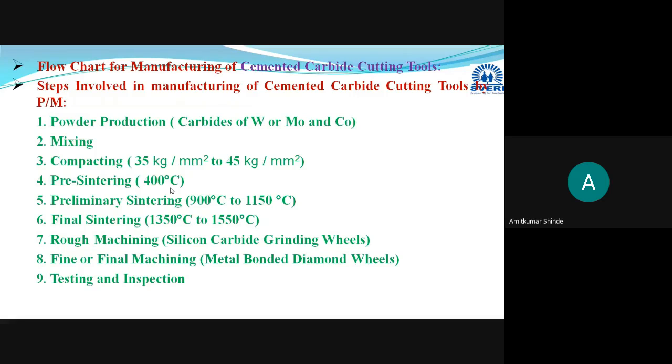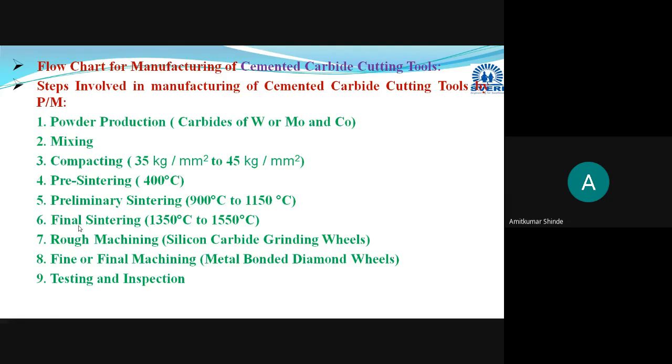Then now this component is subjected to the sintering. Now in these cemented carbide cutting tools, two types of sintering processes are performed. First is the preliminary sintering, and next is the final sintering.